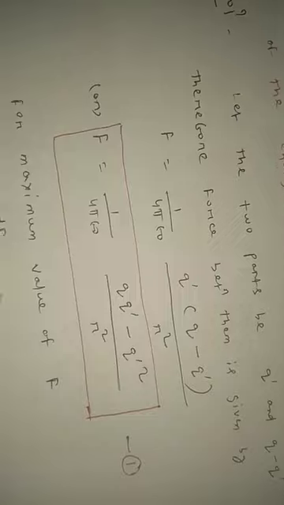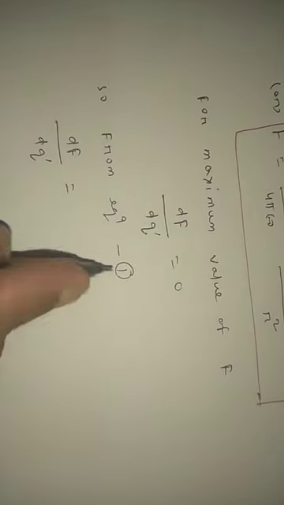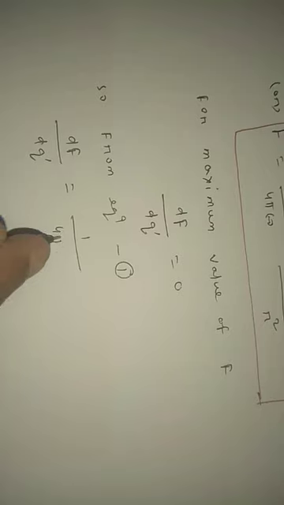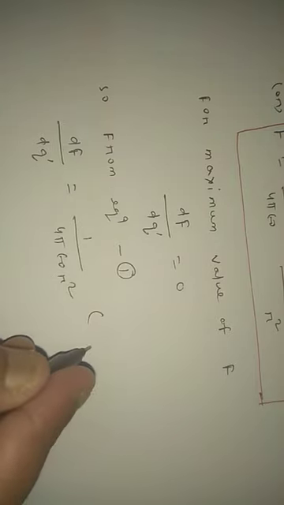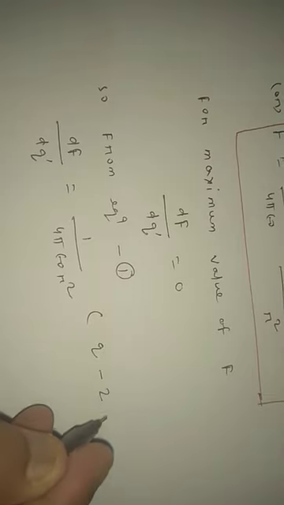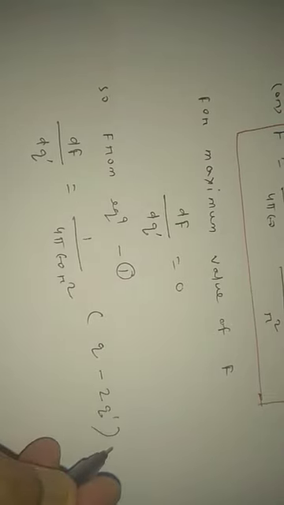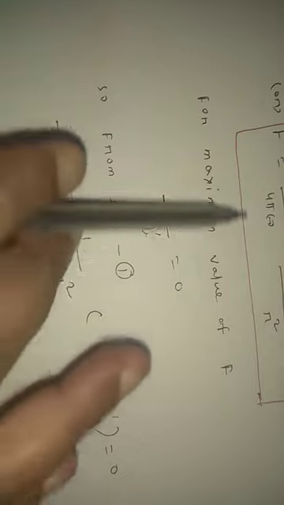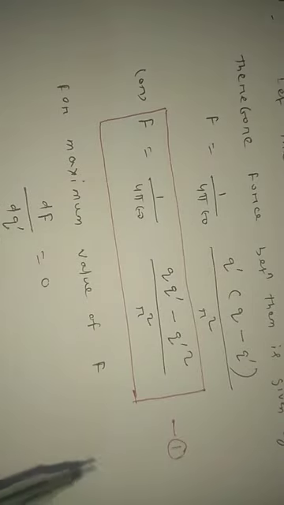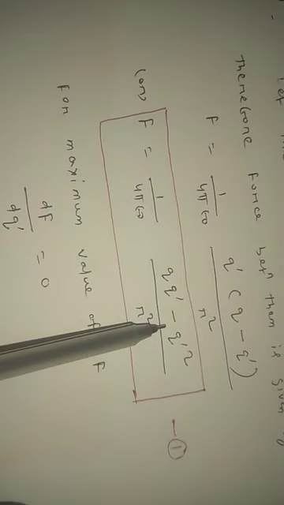So we will get 1 by 4 pi epsilon 0 into r square into q minus 2q prime equal to 0. If we differentiate equation 1 with respect to q prime, we will get 1 by 4 pi epsilon 0 r square into q minus 2q prime.